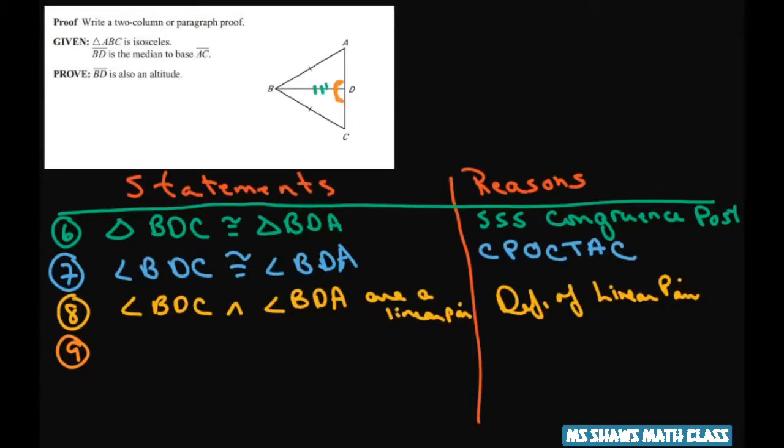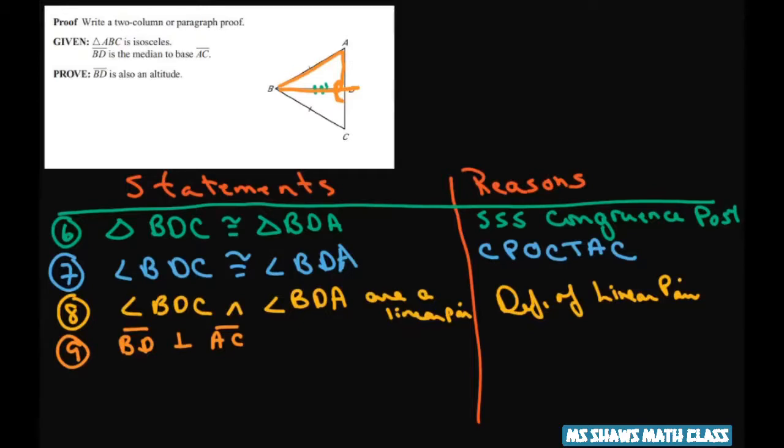We know that BD is perpendicular to AC. And that's because, and I'm just going to state it more because I don't have room to write, if two lines intersect to form a linear pair of congruent angles, then the lines are perpendicular. So again, if two lines intersect to form a linear pair of congruent angles, then their lines are perpendicular.